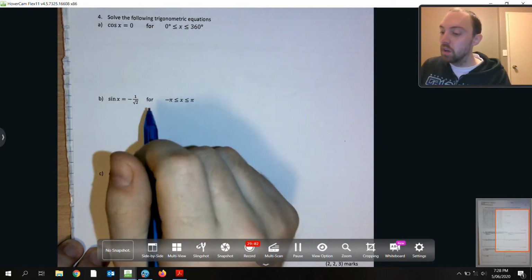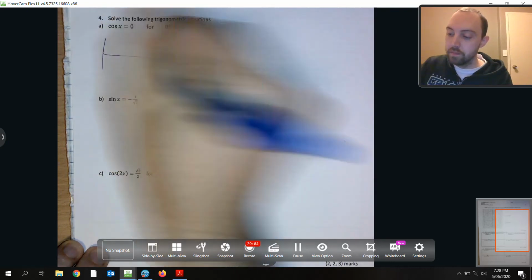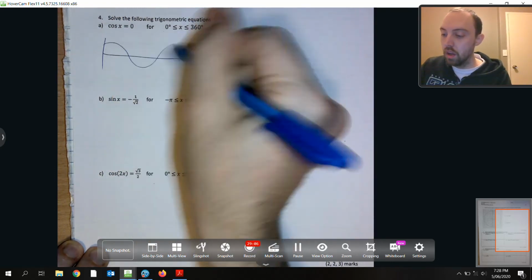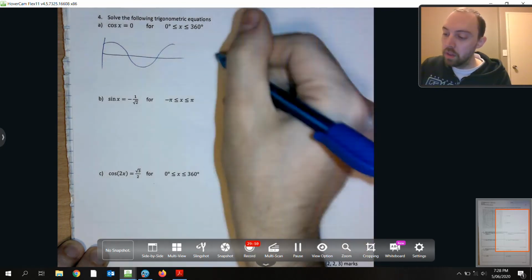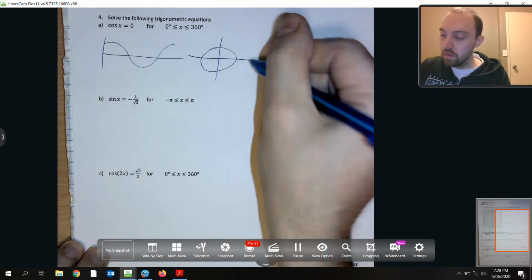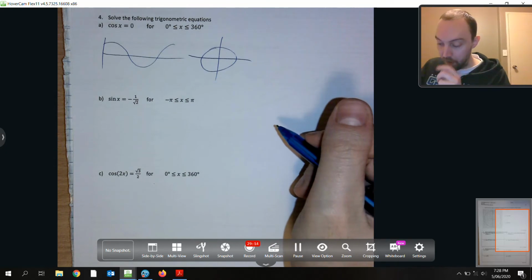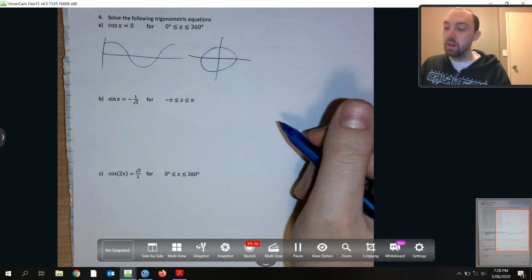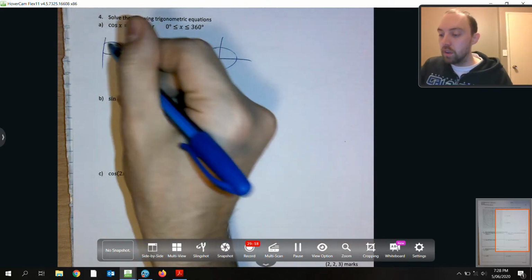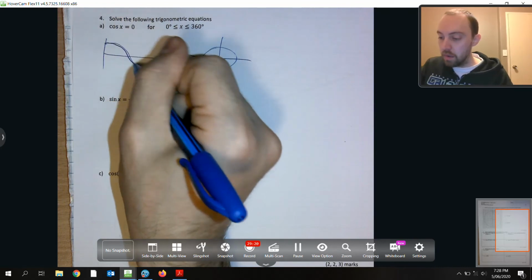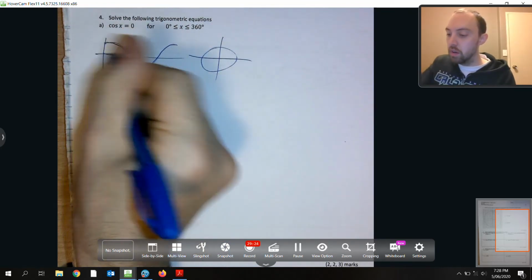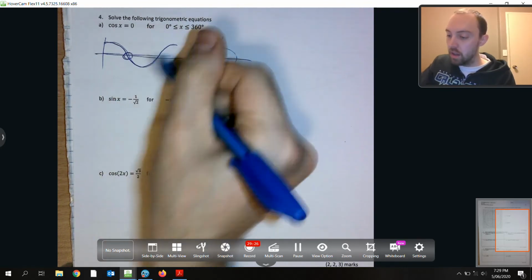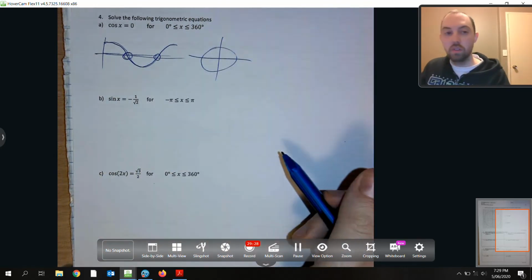Well, you can either think of the graph, okay, that's roughly it, or we can think of the unit circle. I'm personally for the unit circle, but it is up to you. If you consider the graph, we're thinking about where is it equal to 0? Where does it have no height? That's these two values.